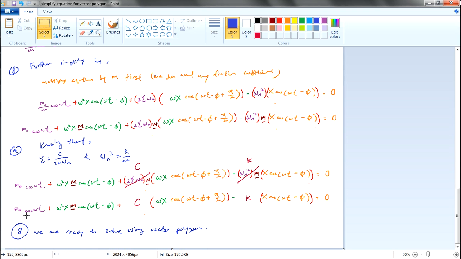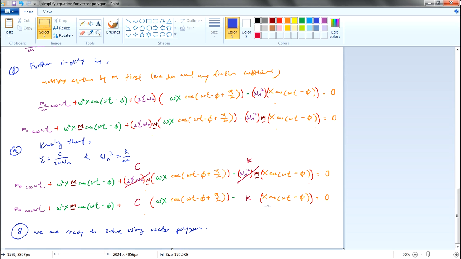At least you can see it's pretty neat. The cosines are all the same, they are all cosines, so we can deal with it in an easier way when plotting the vector polygon, and the constants are set up more easily. With this, we are much more ready to solve using the vector polygon.